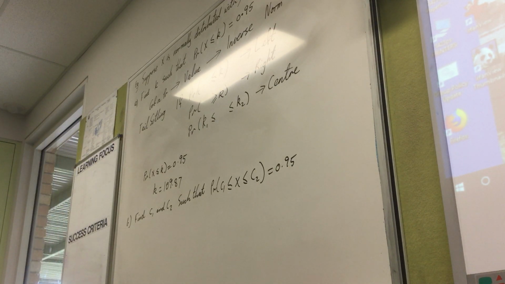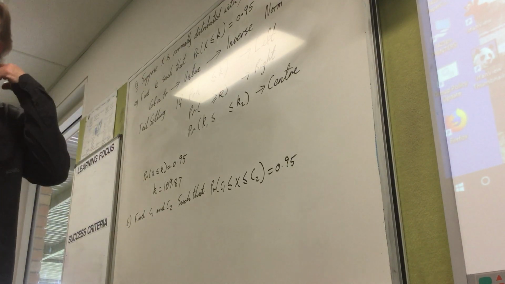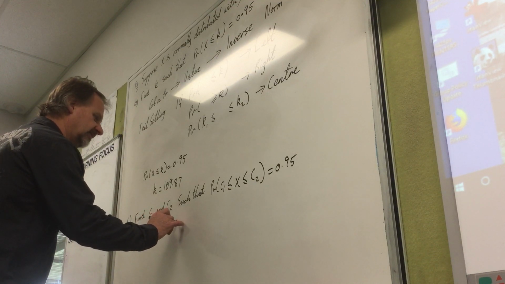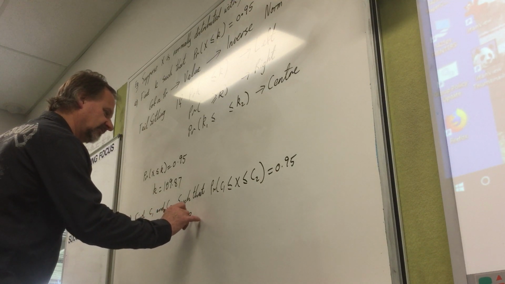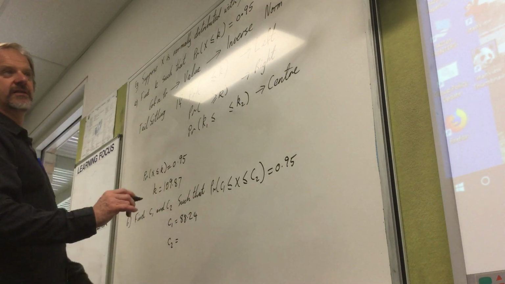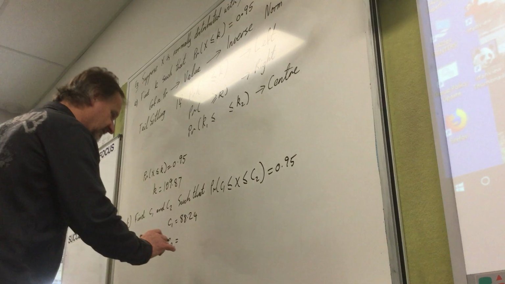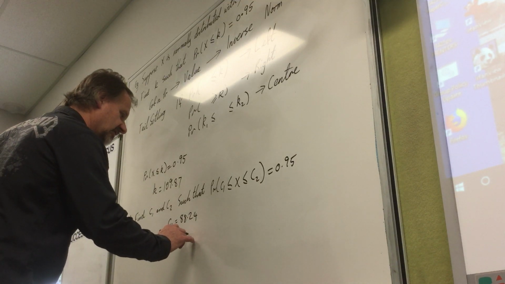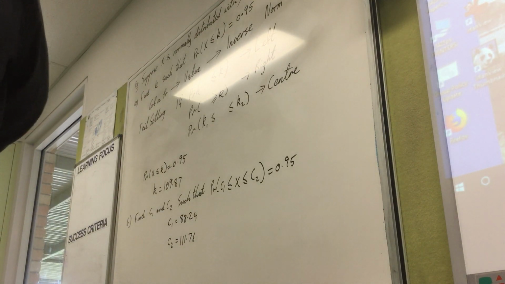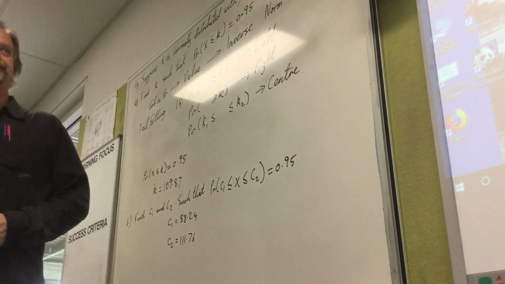And there it is. Our two values. One of our values is 88.24. That's the lower one. And the higher one is 111.776. If you want to graph it, there it is.